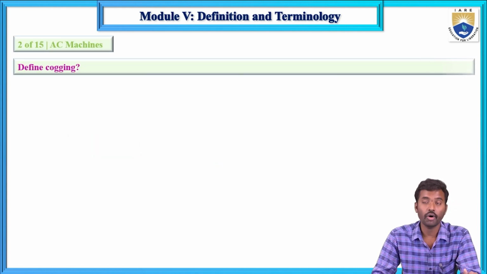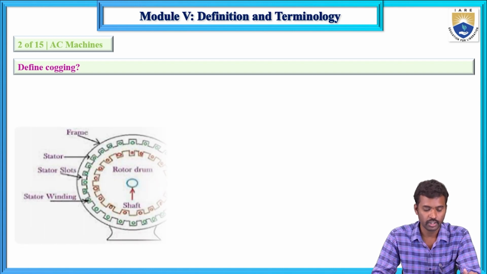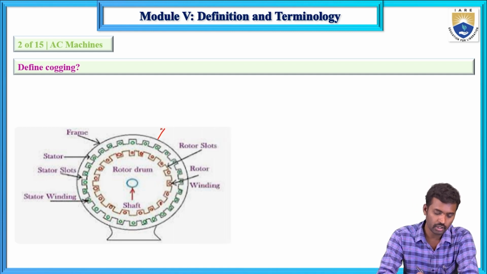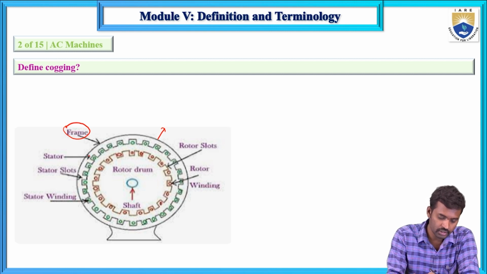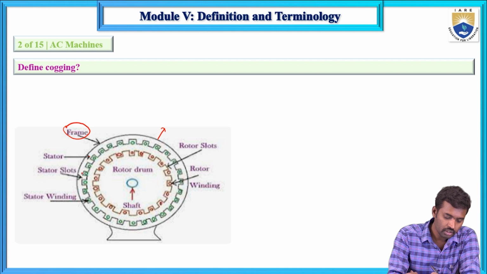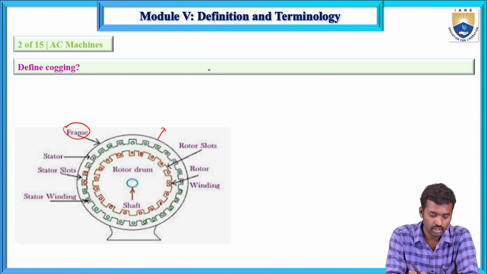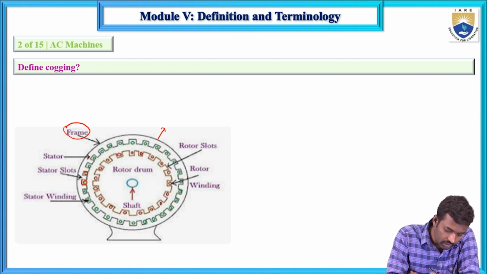Now the second question: cogging. What do you mean by cogging? See this diagram first. This is the stator frame, and the stator has a number of slots. These are the slots. The green color indicates the stator slots, and the green circles are windings.